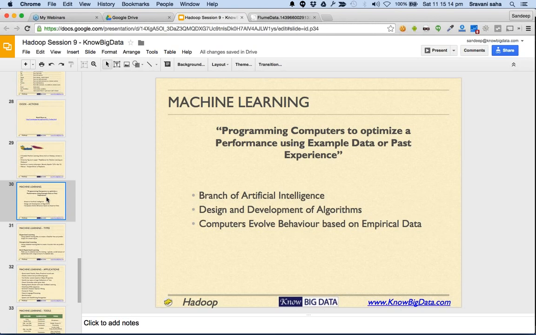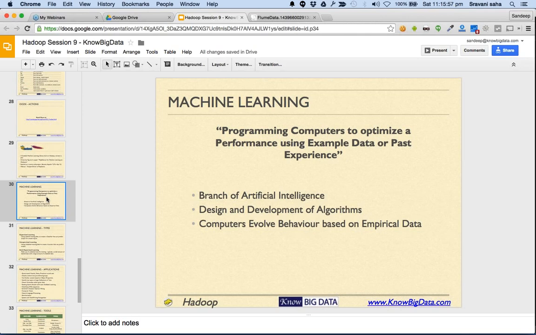Okay, and it's a branch of artificial intelligence, and the design and development of complex algorithms happen through machine learning. Let's say we talk about face detection, whether something is matching with my face or not. One way would be that somebody sits down and writes an algorithm, measures the distance between my eyes, the distance between eyes and nose, and then writes a program that, okay, based on these distances, it's Sandeep Giri's face.